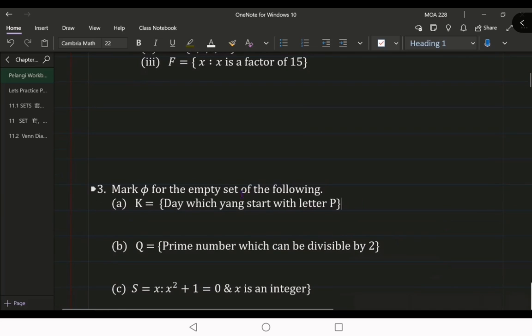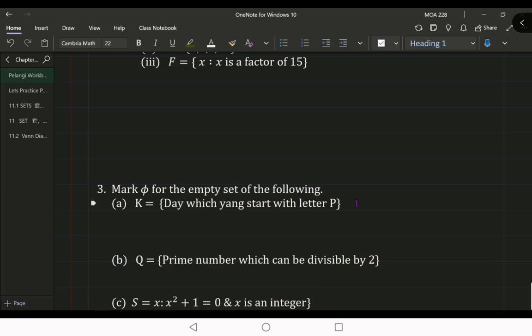So mark the following empty sets. There is none of the elements inside the set K. Okay, we are going to say K is equal to what? I forgot this one.